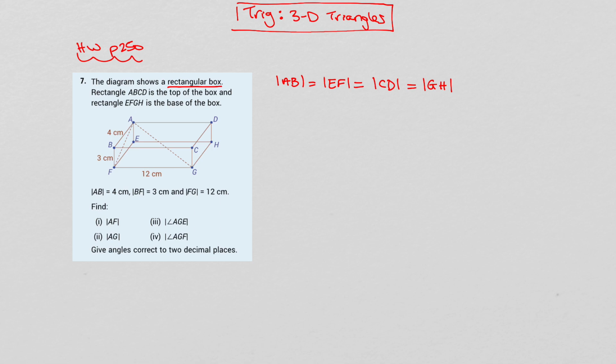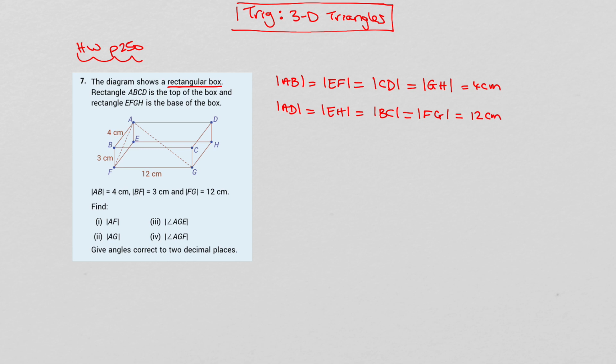We can also then say that AD must equal EH, which must equal BC, which must equal FG. Again, opposite sides in the rectangle are equal, which means all of those sides are 12 centimetres in length.